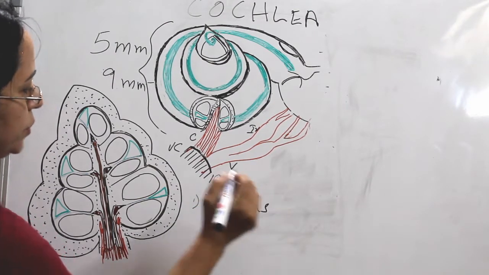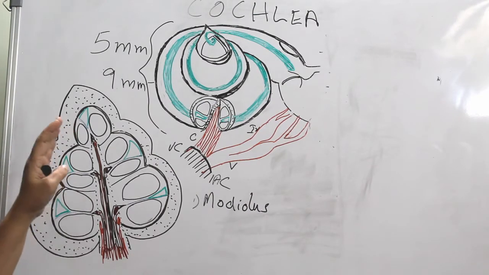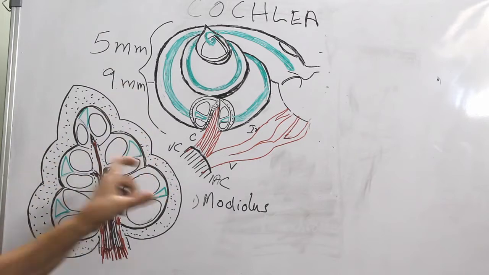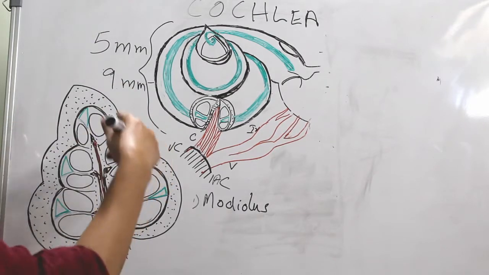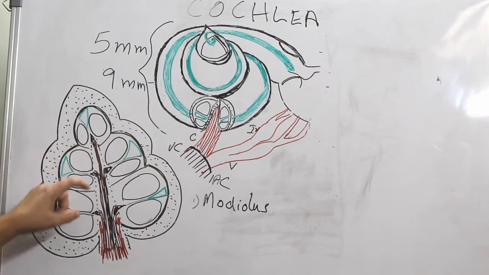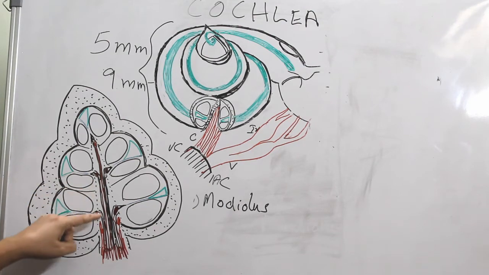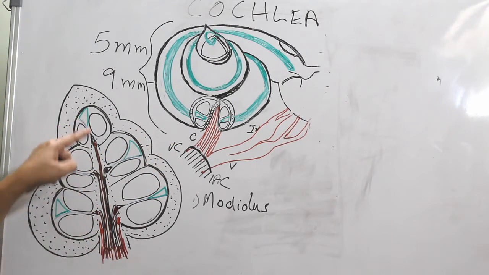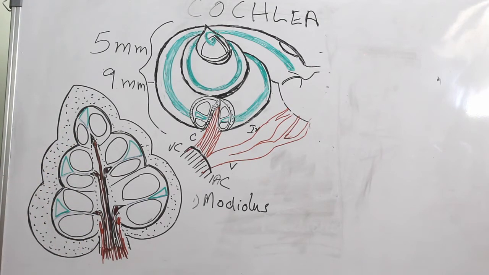I have already told you this Modiolus is the central core around which the cochlea winds, and this Modiolus is porous, and through that the fibers of the cochlear nerve along with blood vessels pass into the cochlea.